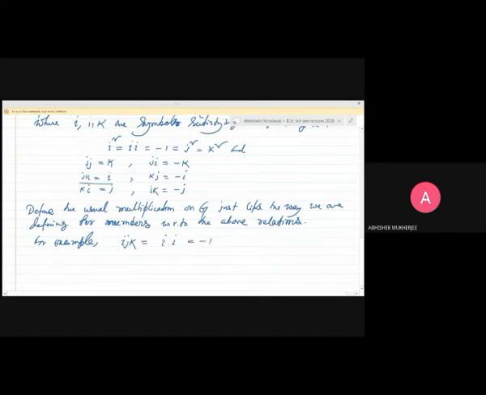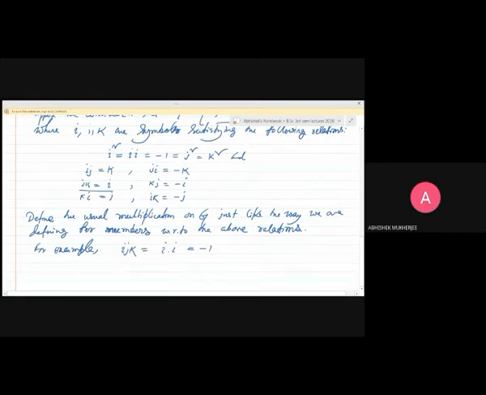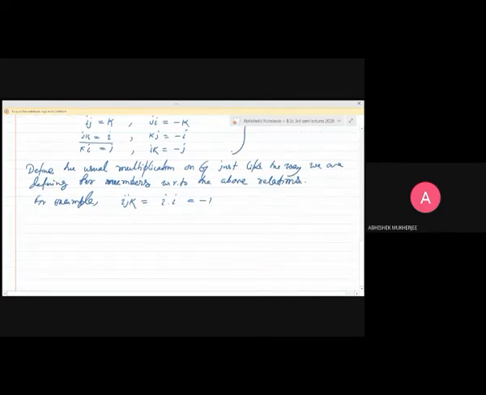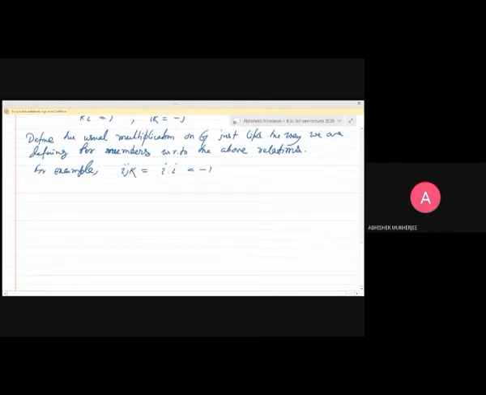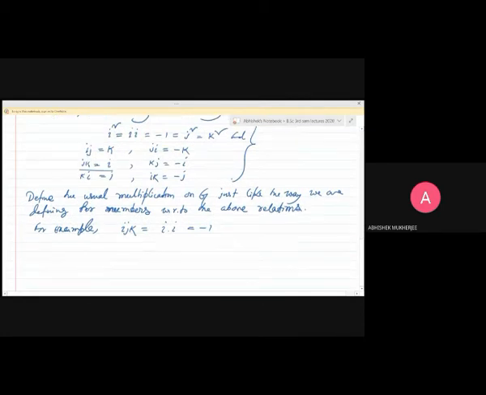It is minus 1. So in this way, you can have all the possible multiplications of these objects, using these above relations.